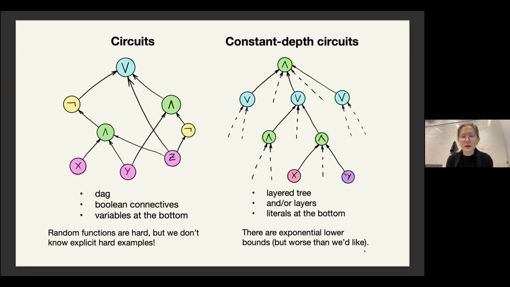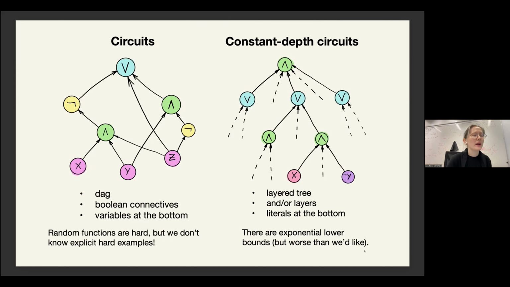The fun thing about this model is that if you take just a random Boolean function on n variables, it's going to be really hard for circuits in terms of size, like 2 to the n over n. So almost all Boolean functions are really hard, but we don't know any explicit hard examples.